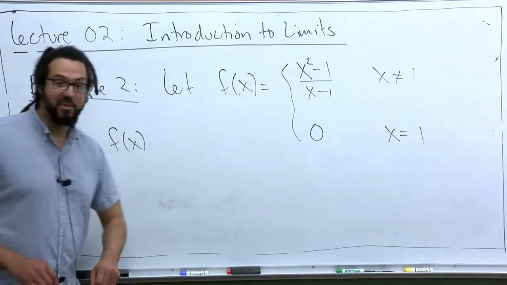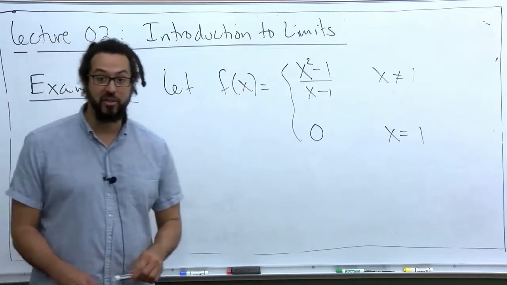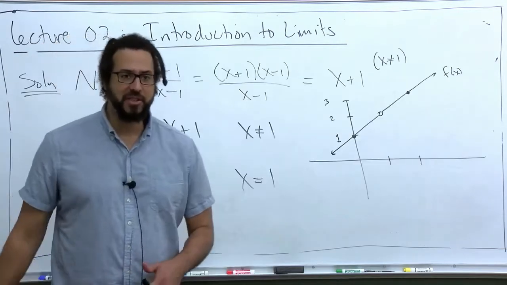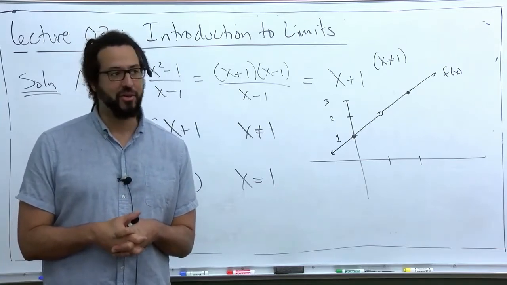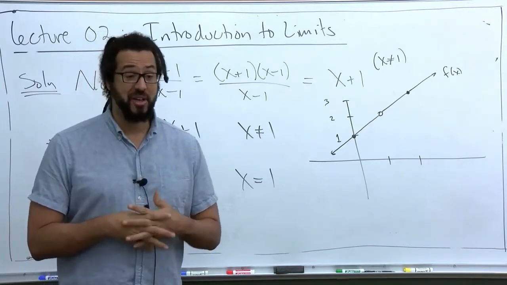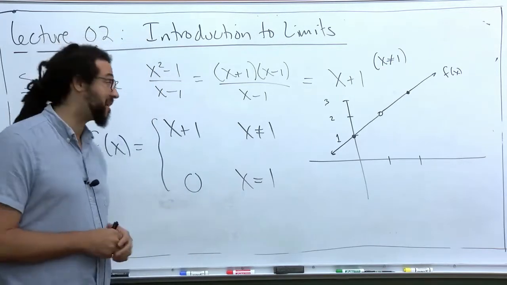Again, the best thing we can do is to draw a picture, and then we can answer these two questions, no problem. About this function f, if you can simplify, like factor and cancel, that might be a good thing to try first. At least it is in this case.